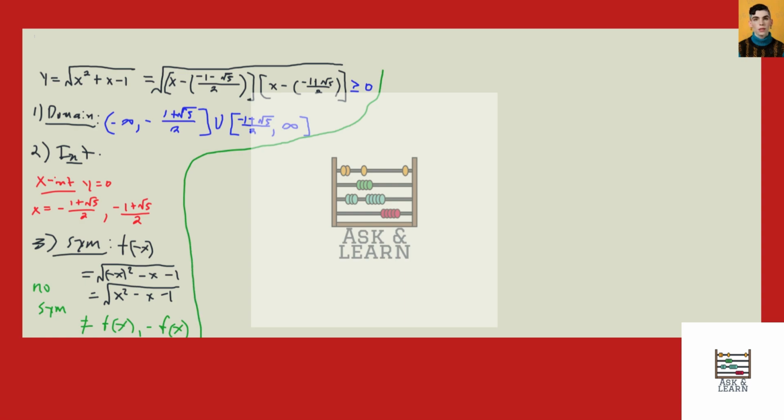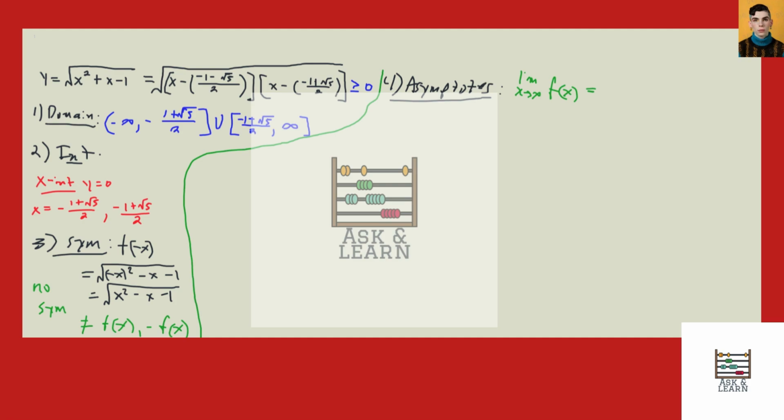Now the next thing we want to do is look for asymptotes. In this case, we know there's not really going to be any asymptotes, but we can find our end behavior. The limit as x approaches infinity of f of x: looking at the original function, on the inside it's essentially just x squared.